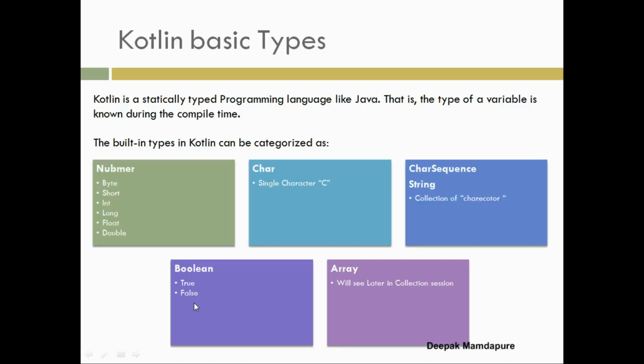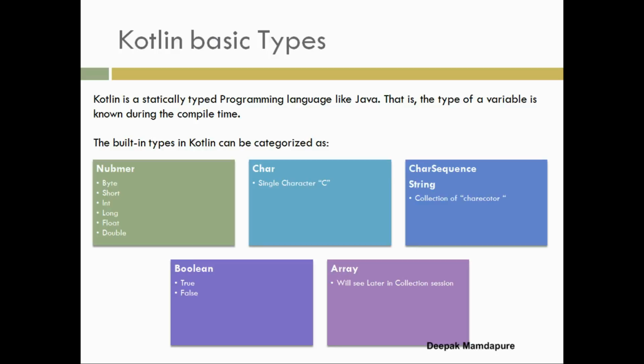Related to arrays, we will see them in our collection session, where we will look at array, array list and other collection things in depth. So what we saw here are Kotlin's basic types: number, char sequence, boolean and arrays.